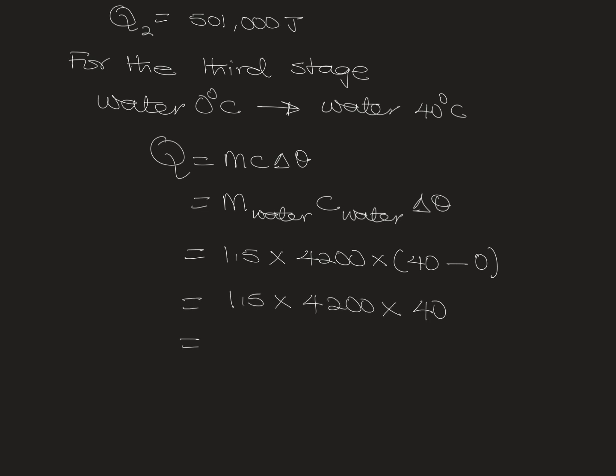So 1.5 times 4,200 times 40 is 252,000 joules. We can call the energy required for the transition in the third stage as Q3. That is the energy that is required to convert water at 0 degrees Celsius to water at 40 degrees Celsius.